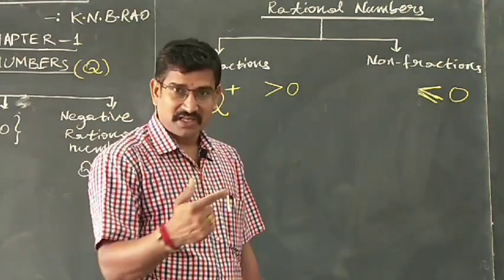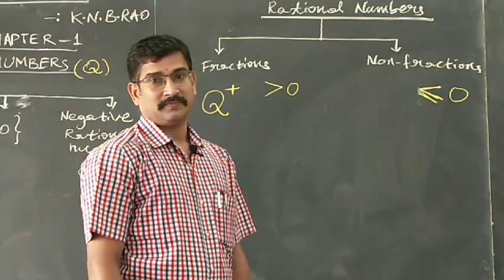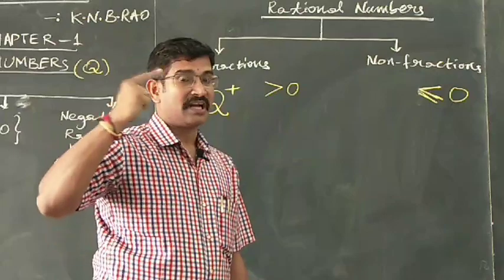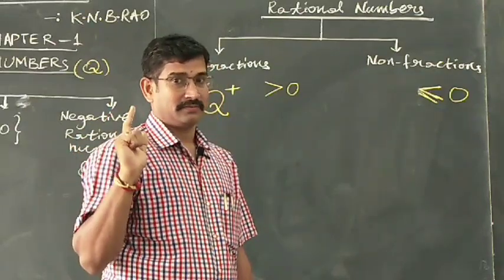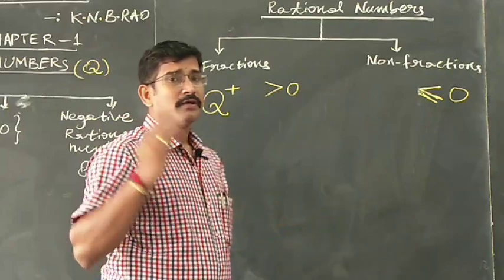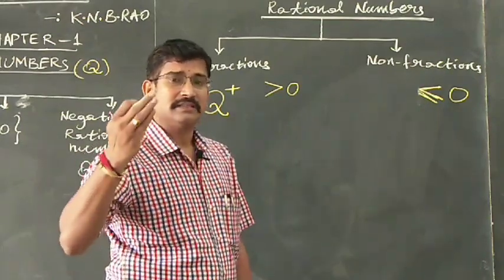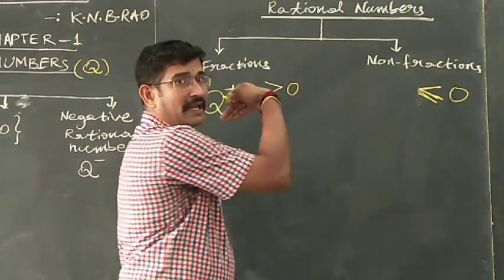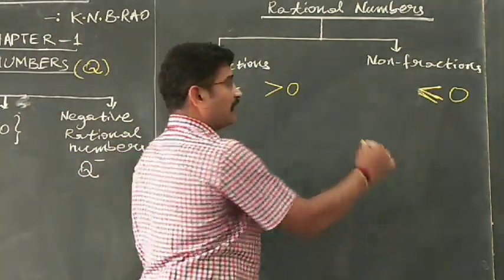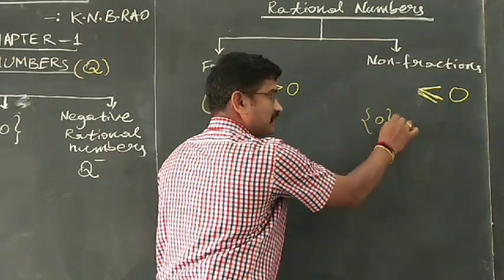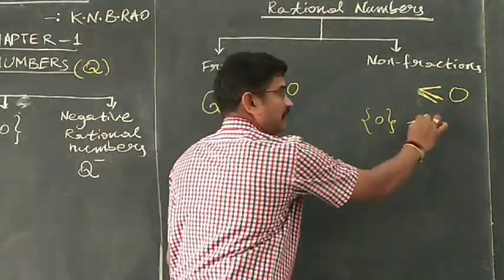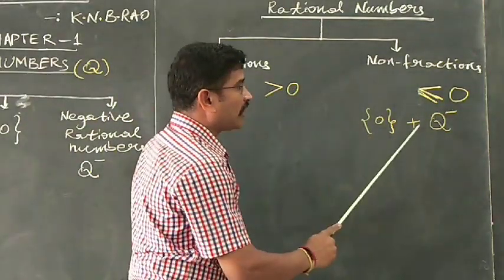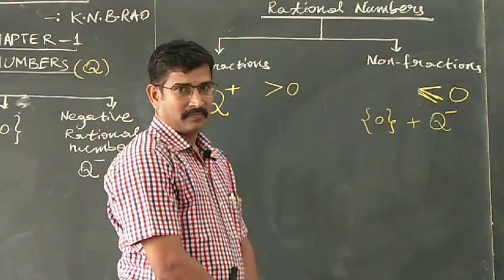You will come to know this definition in your class 9. I told you non-examples for rational numbers, you could remember. Those non-examples are exempted. Okay, children? Anyway, the non-fractions will be 0 or less than 0. Here I have the singleton set 0 as well as negative rational numbers. So, both together are called non-fractions.